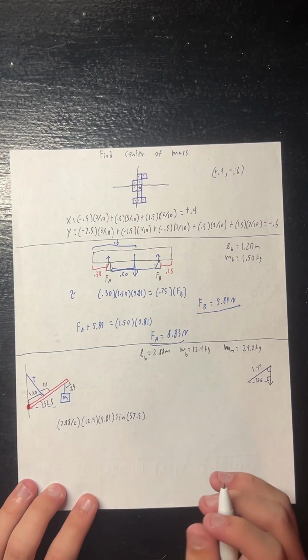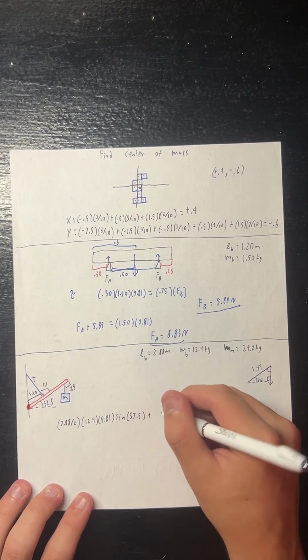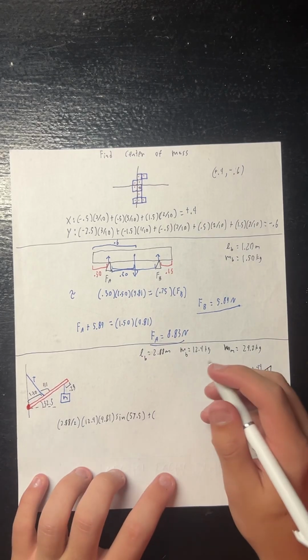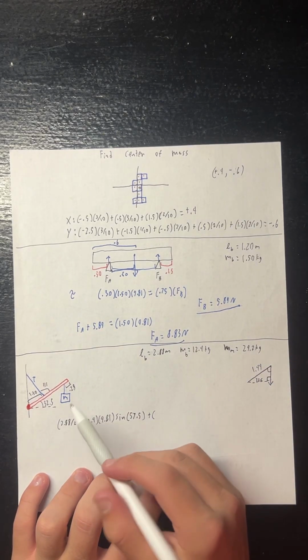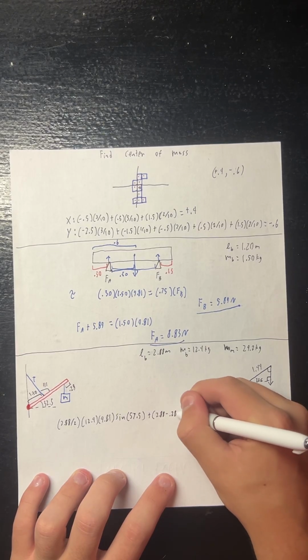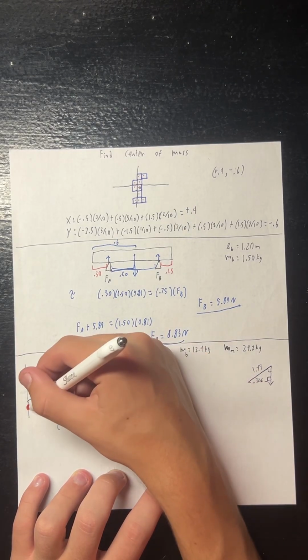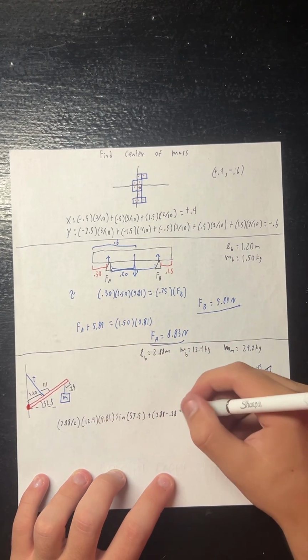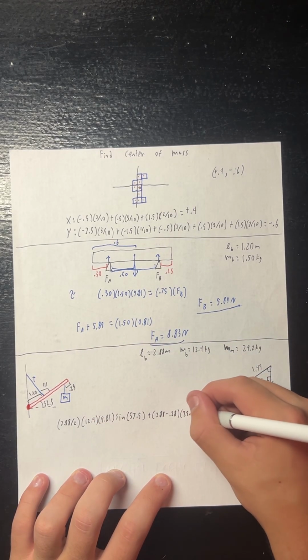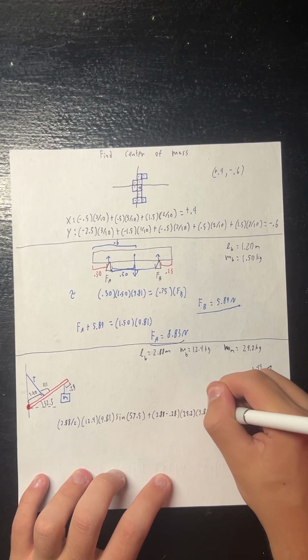That is one of the clockwise torques. Then we add that with another clockwise torque, which is the mass hanging off. Same thing, r, F. What is the r? It's 2.88 minus 0.28, because it's that distance, all the way up until this line. Our F is mg, 29.2 times 9.81.